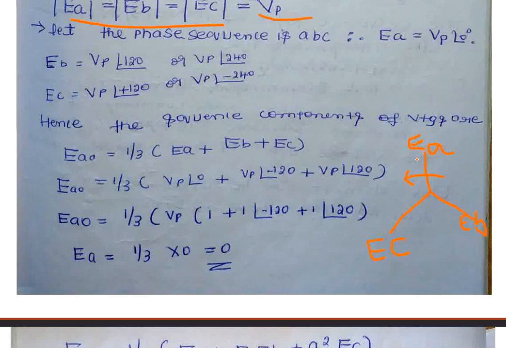EA I represented as VP, so EB equals A square into EA, the same as EB equals VP at 240 degrees. This you can also represent as minus 120. Don't be confused by this; let us go with this one.